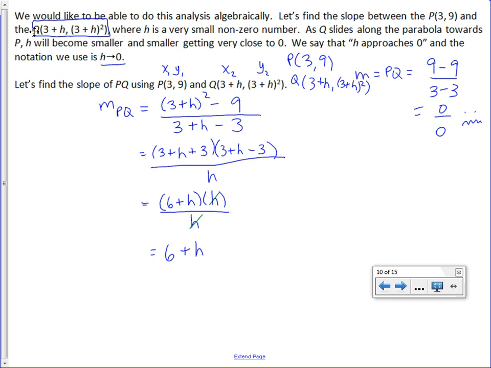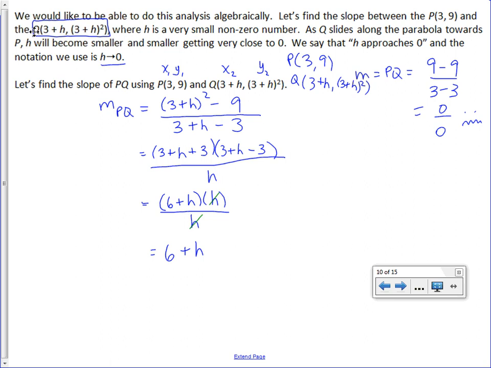Then 6 plus a ridiculously tiny number, for our purposes in life, what can we basically just say? It's just 6. So now how do I justify that I can just replace this expression with a 6?